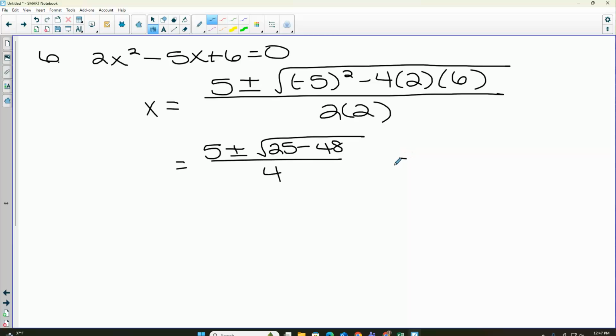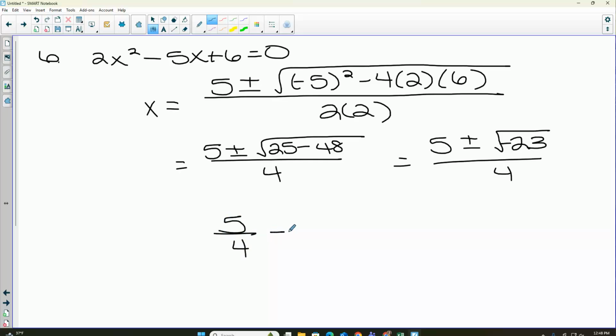So we get 5 plus or minus square root of -23 over 4. So it's a negative, you have to take out an i. Anytime it has an i, you have to write it in standard form, so just break it apart.